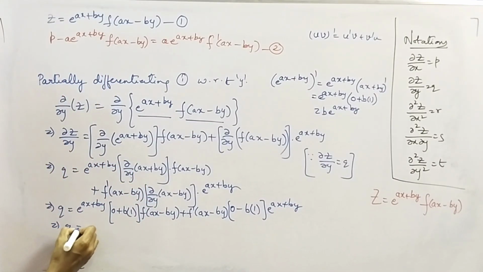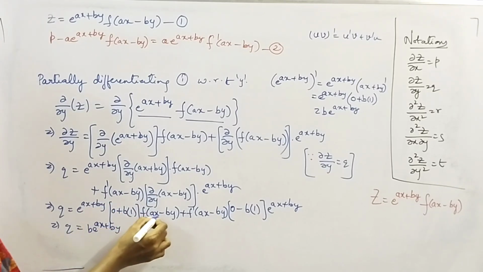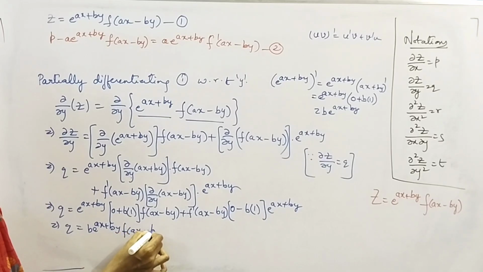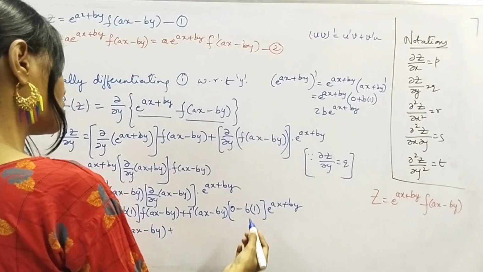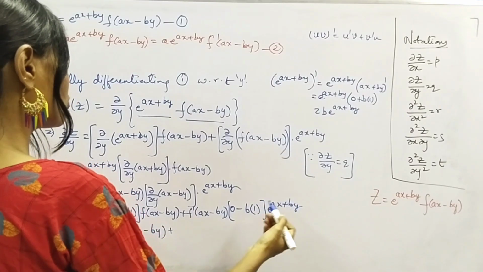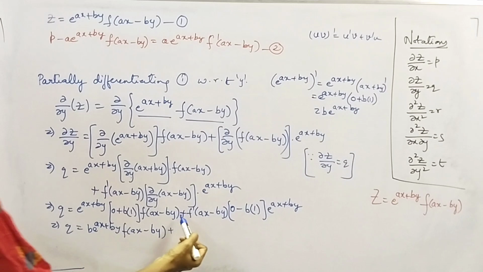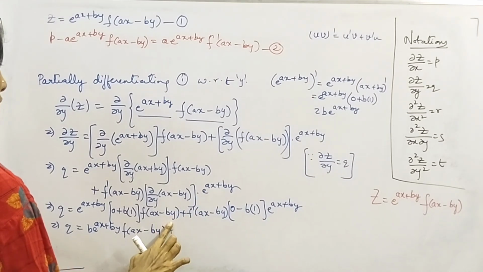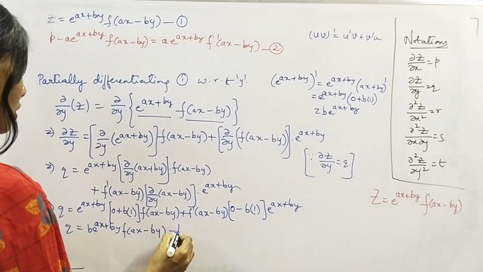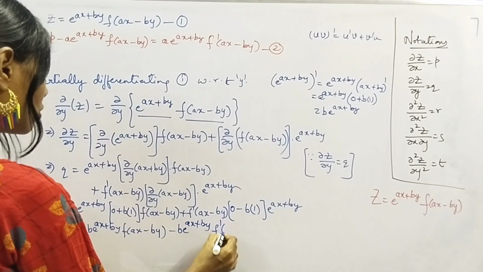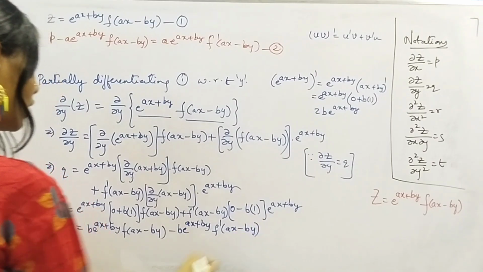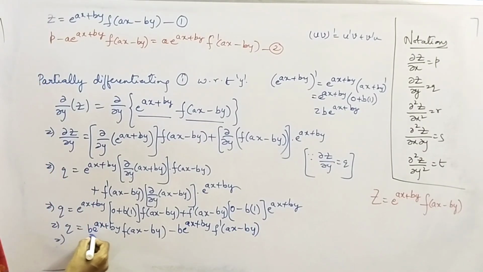Right. This gives us q equal to b into 1, b into e power ax plus by is b e power ax plus by into f of ax minus by, right, plus b into 1, b, 0 minus b is minus b into e power ax plus by, which is minus b e power ax plus by. Minus into plus gives minus b e power ax plus by into this f dash of ax minus by, right? Now let's bring this term to LHS.